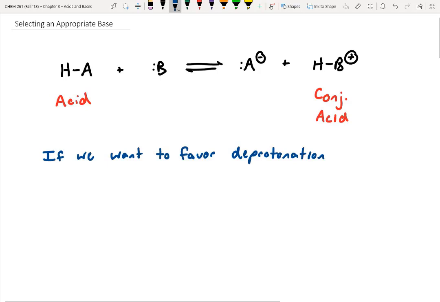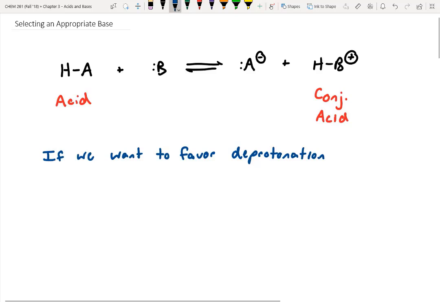The acid or the conjugate acid? It's kind of weird to think about, right? We said the stronger acid pushes the equilibrium to the opposite side. We're saying we want to deprotonate our original acid and make A minus. That means our original acid should be the stronger acid, right? It sounds kind of like we're talking in a circle, but it makes sense, right?